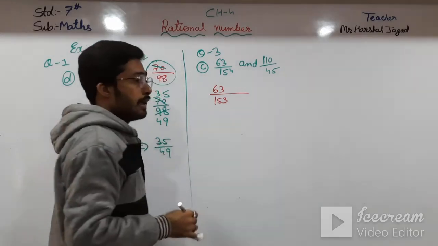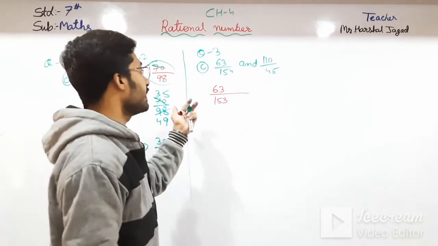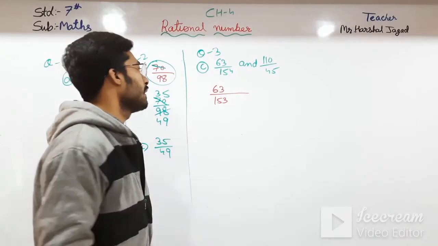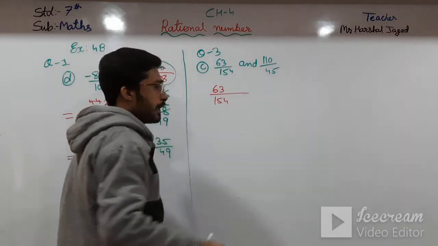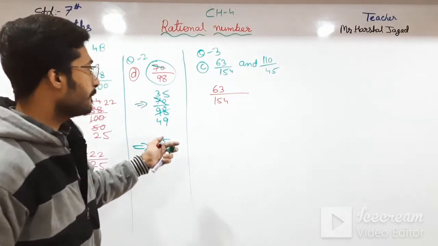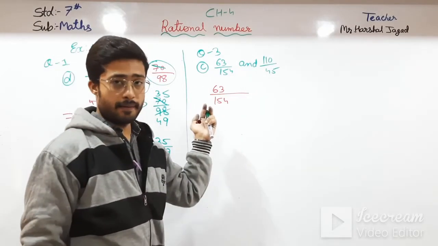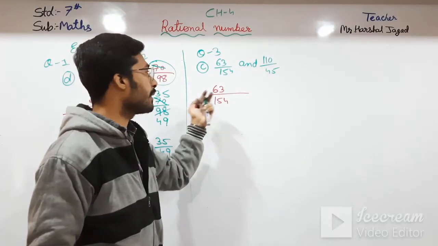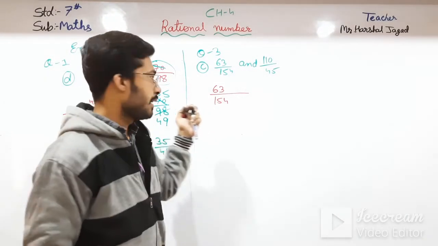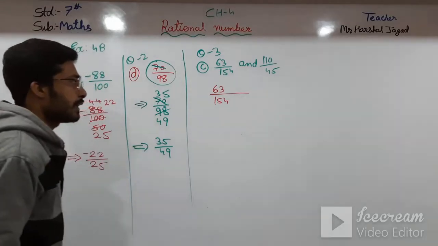First of all, in the method we have seen that you have to take the LCM and then the HCF, and then you have to divide with that. But I don't think it can be divided.